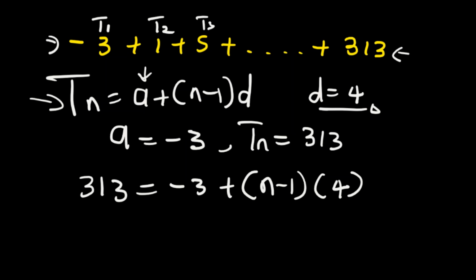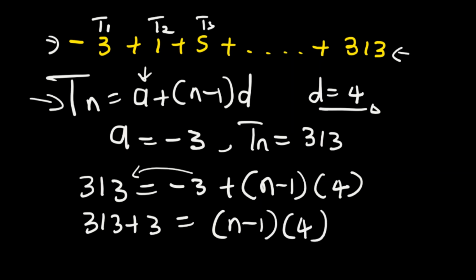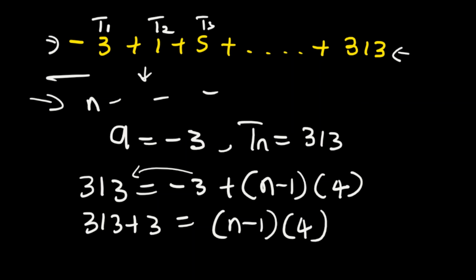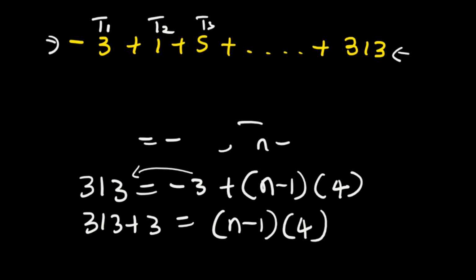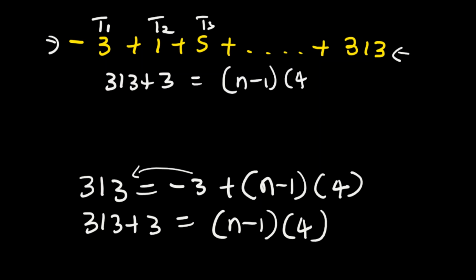From here we're going to transpose this negative 3 to the other side. We have 313 plus 3 equals (n minus 1) multiplied by 4. Let me erase the top. Now we're going to find the number of terms, so we divide by 4 on both sides.